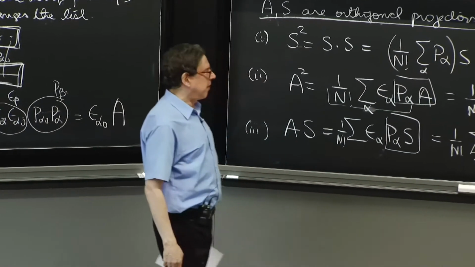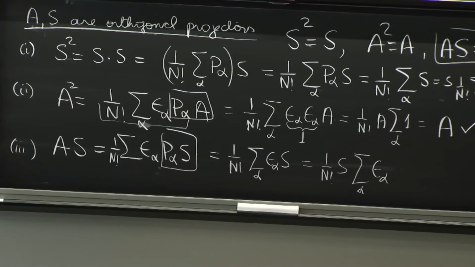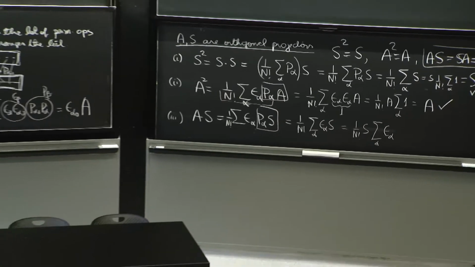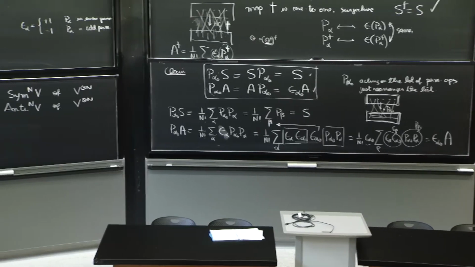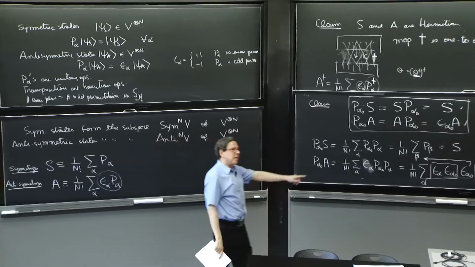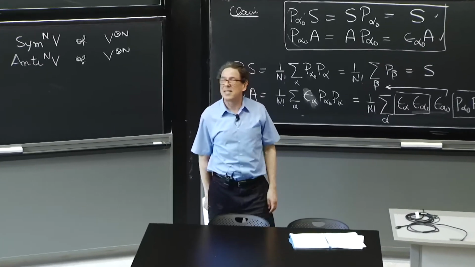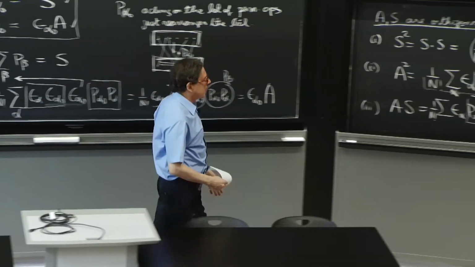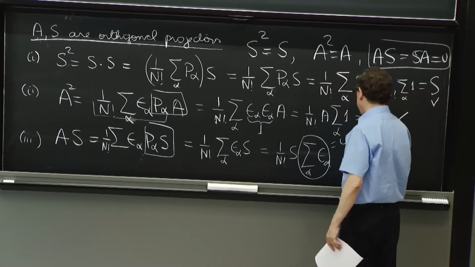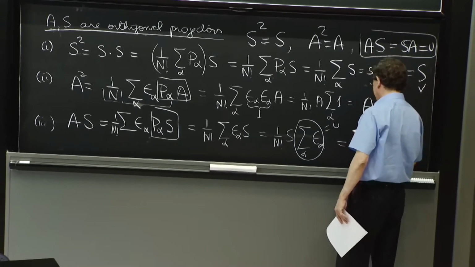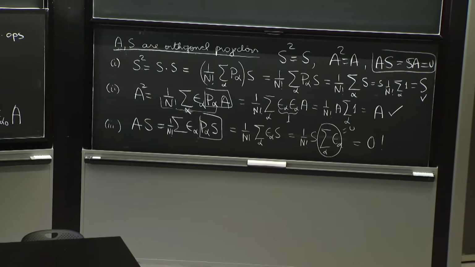That's as far as we can simplify this, and then we recall that in any permutation group Sn, the number of even permutations is equal to the number of odd permutations. So there's an equal number of pluses and minuses in that sum. So this sum is equal to 0, and therefore this result is 0. The operators are orthogonal, and they will do the job.